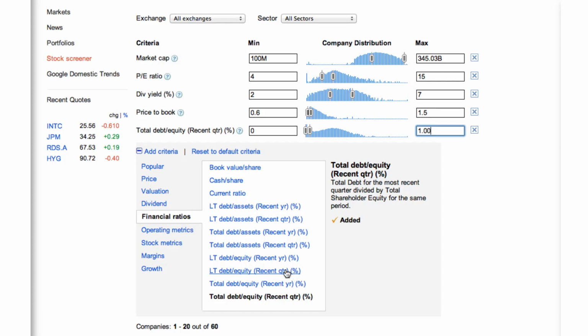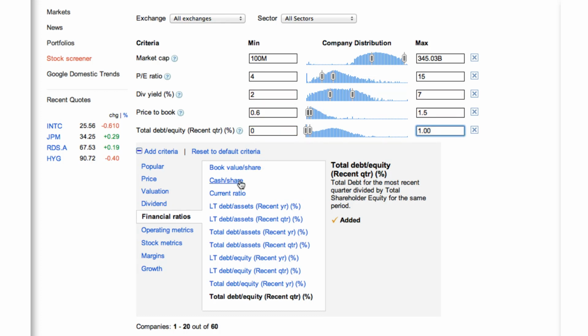We were using maybe just long-term or some other metrics. There are a bunch of different ways to measure the debt to the equity, but for me, I'm going to use the total debt to the equity, and because of that, the max is going to be a little bit higher than the 0.5 that you typically pull off one of those top-level pages, because they're not using the total debt. They're using just anything that's actually listed as debt off of the balance sheet, which I showed you in the previous lesson. So we're going to put 1.0, and if it goes down to 0, that's wonderful because that means the company has 0 debt.